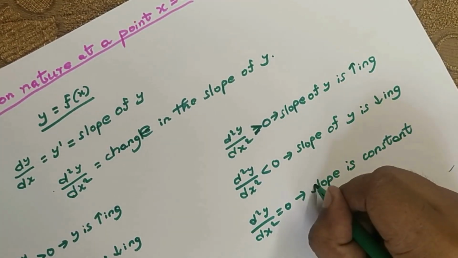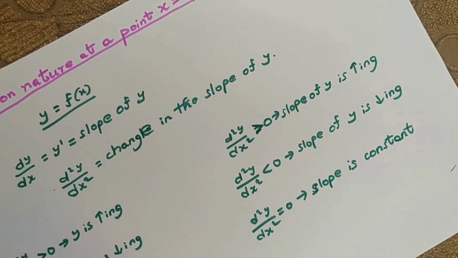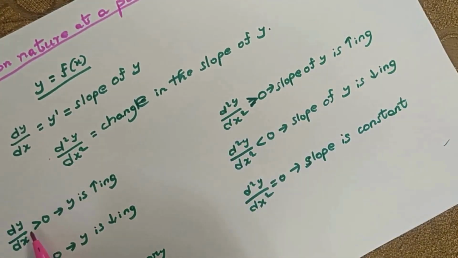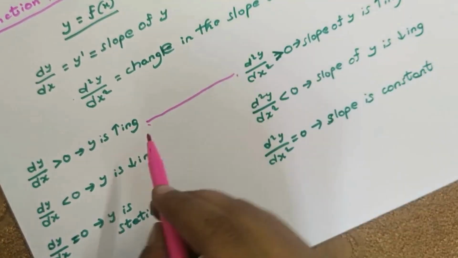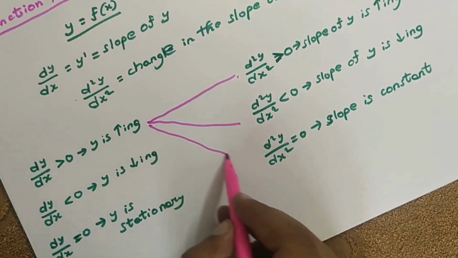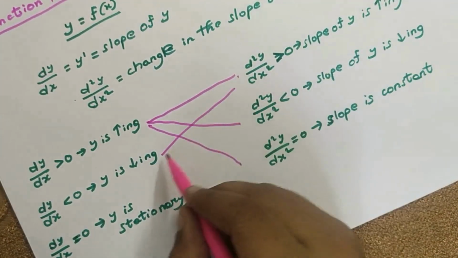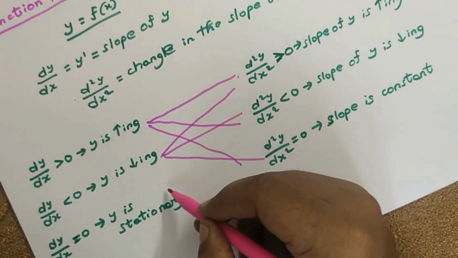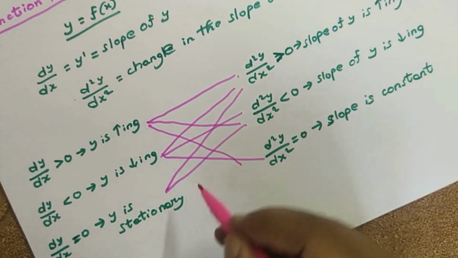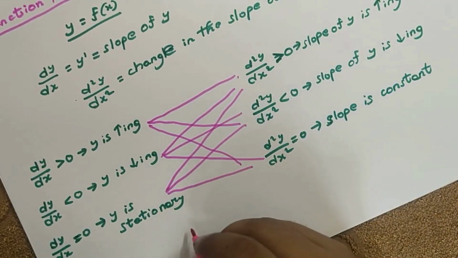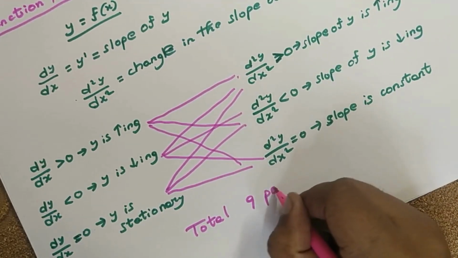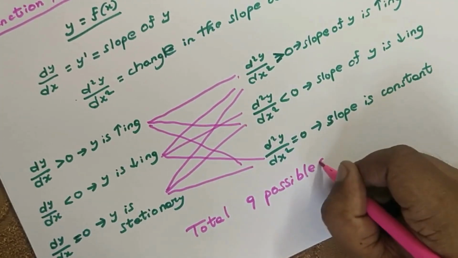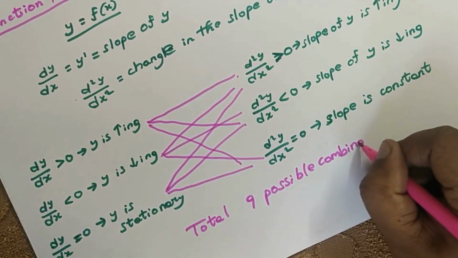If we consider all these, how many total cases do we get? dy by dx can be greater than 0 and d square y by dx square can be greater than 0. This is one possibility, and so on for the others. So there are 9 possible combinations in total.